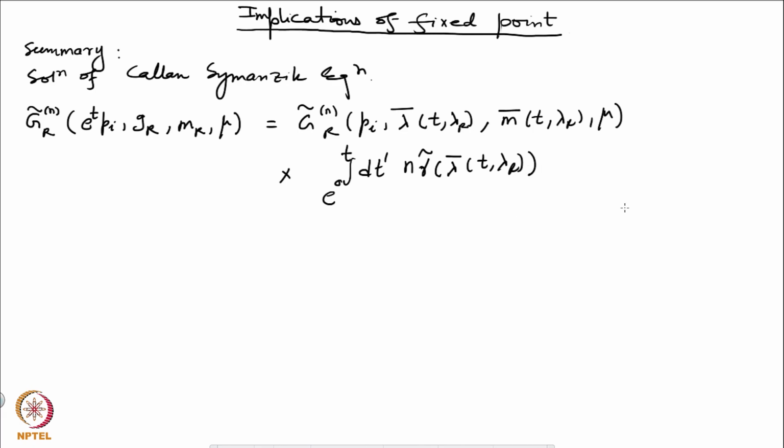That's what we had, and again gamma tilde m is 1 plus gamma m, and gamma tilde phi is d phi tilde plus gamma phi.